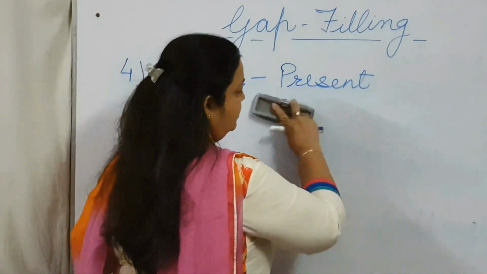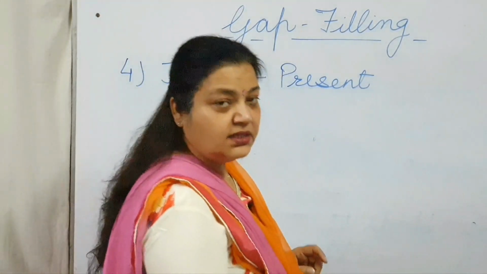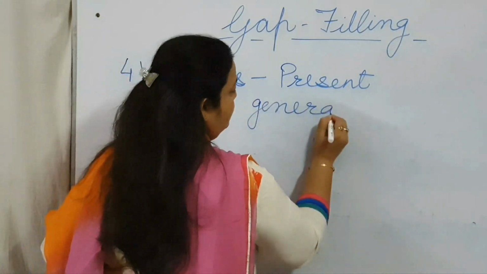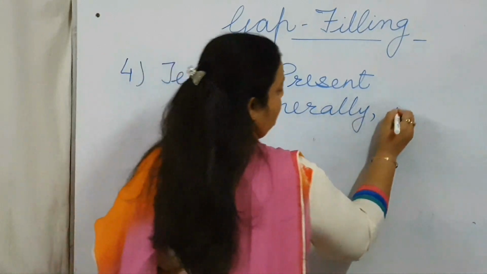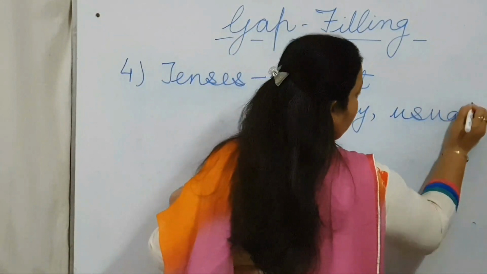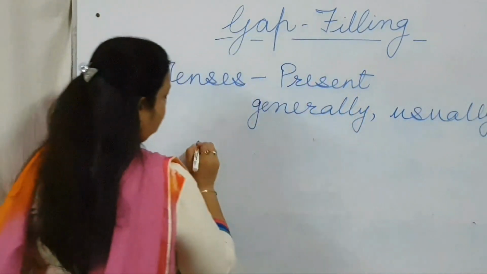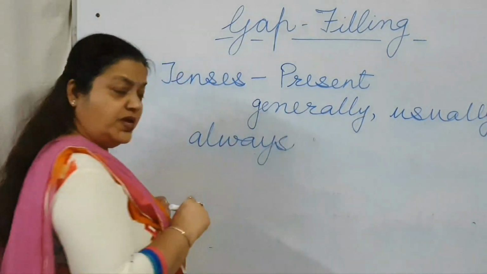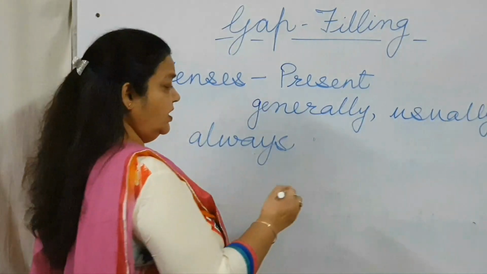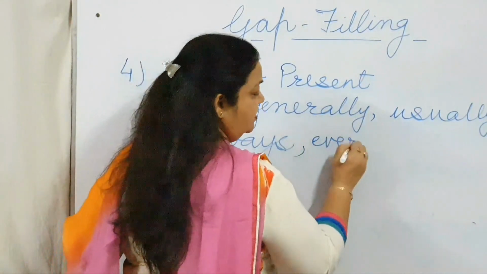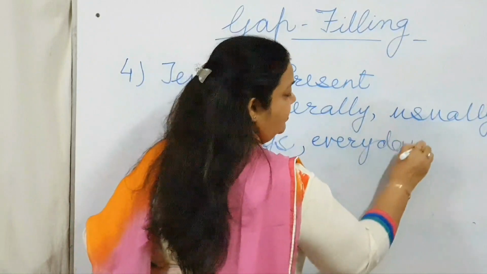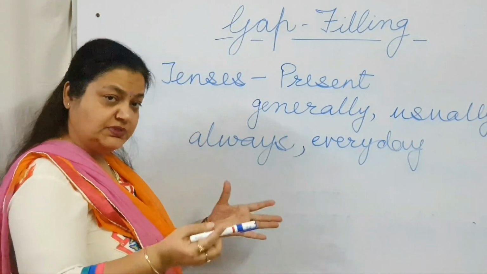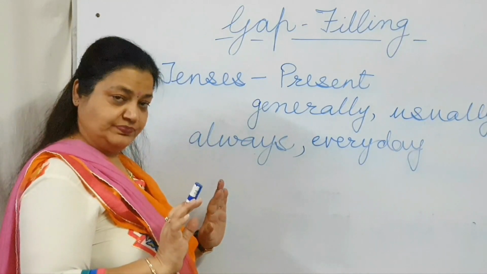If in a sentence you find words like generally, usually, always, every day, it means that the thing happens every time.